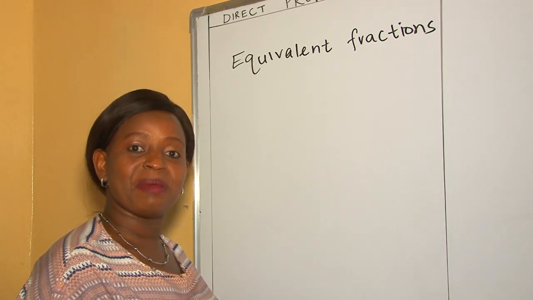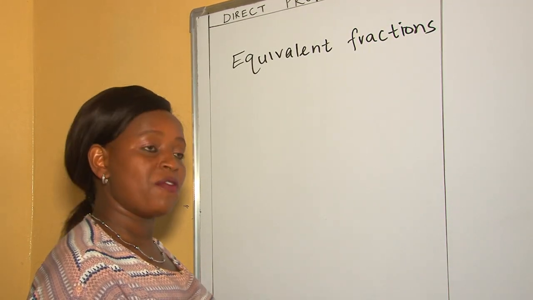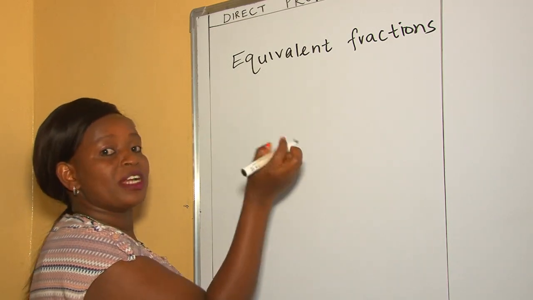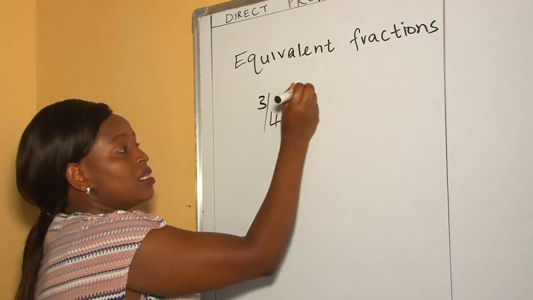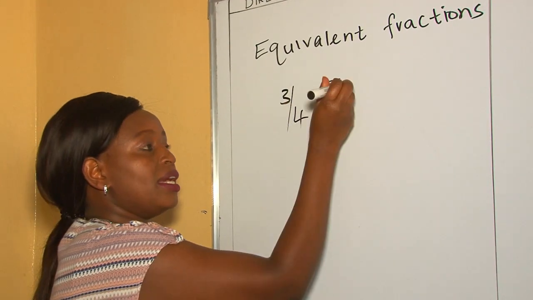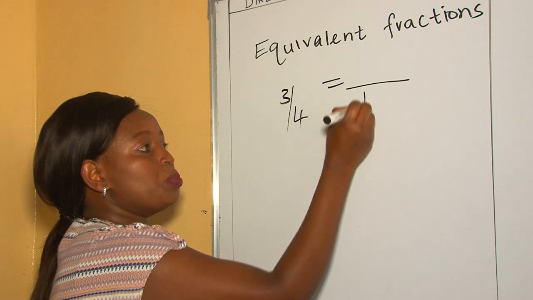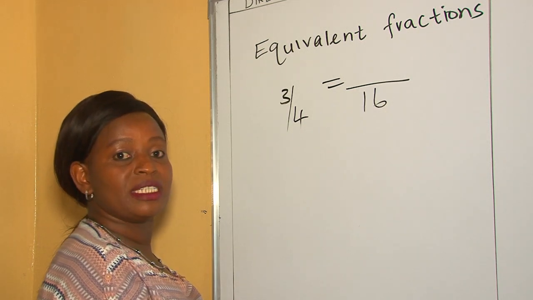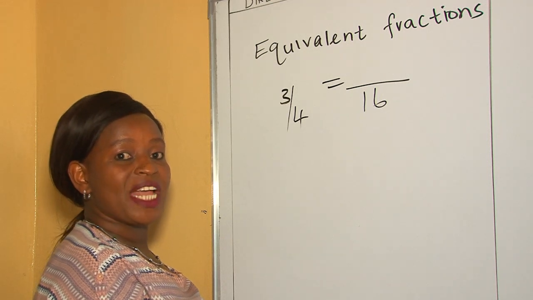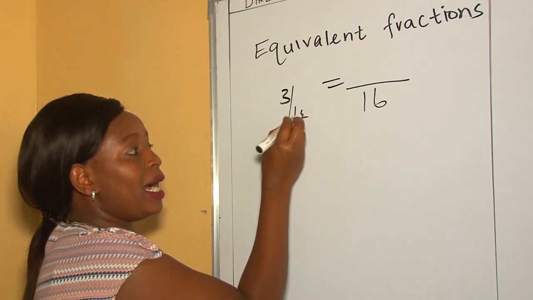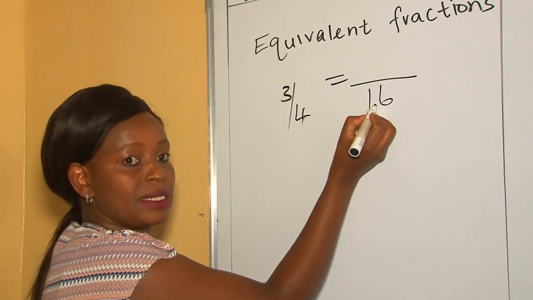So I want us to remind ourselves what equivalent fractions are. For instance, let's write an equivalent fraction to 3/4. If I write 16 as the denominator, what are we going to write for the numerator? We ask ourselves, what happened to this 4 to become 16?